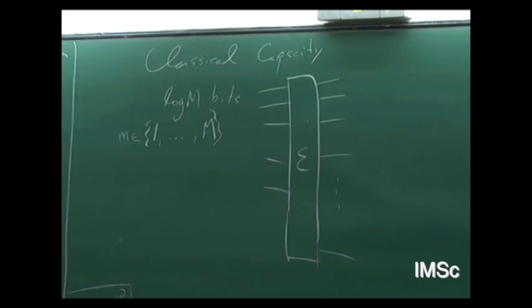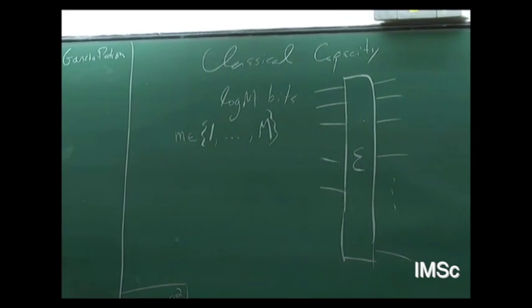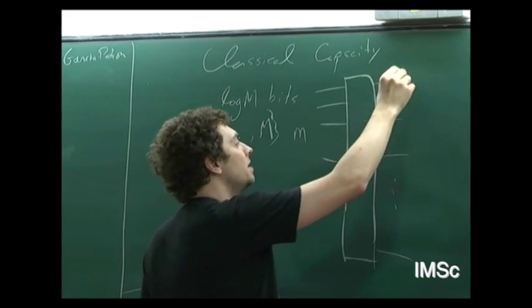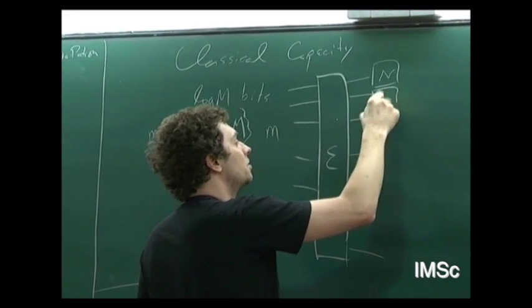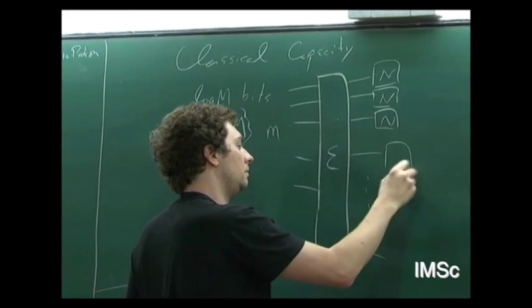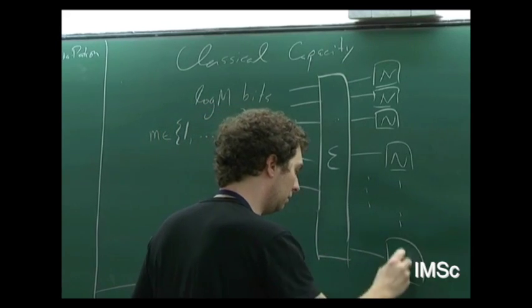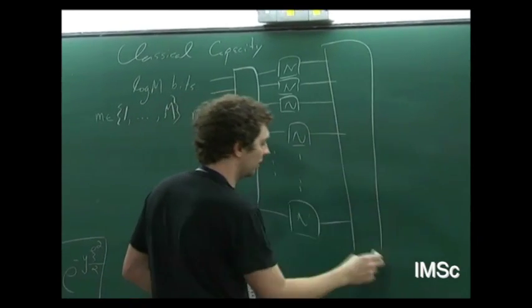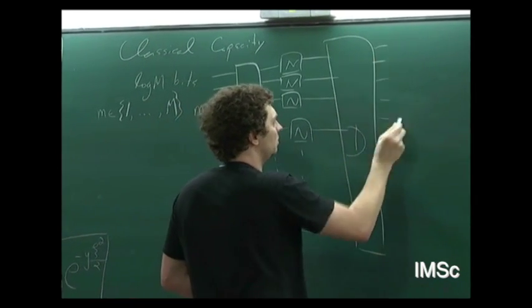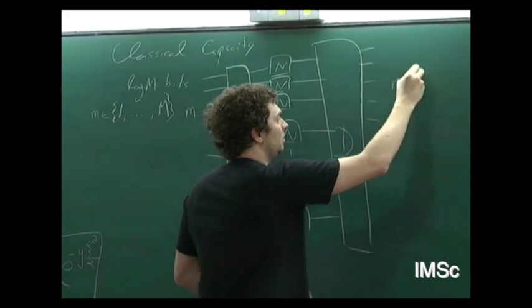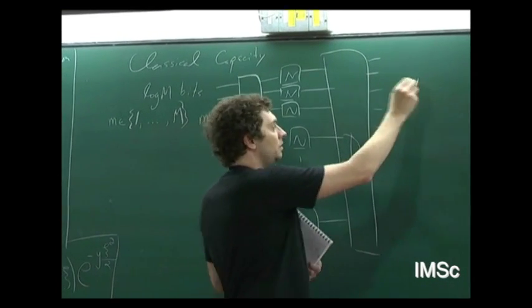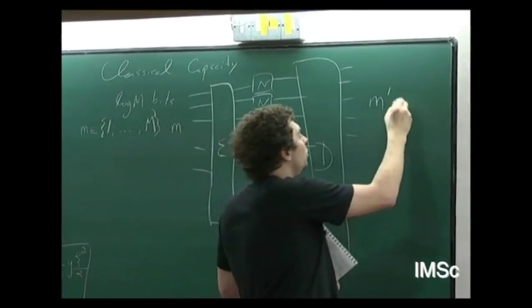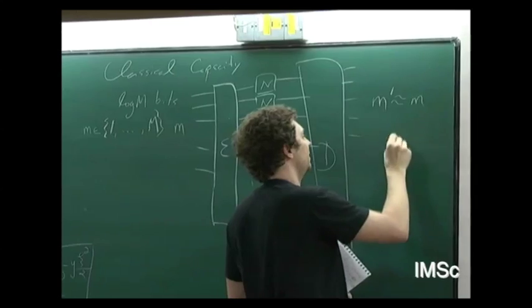So it's going to be one of these in general. It's going to be one of these today. So you take some classical variable m, you map it into some quantum state that depends on m. You feed those through the noisy channel. And at the output of the channel, your receiver is going to do some decoding operation that they use to guess some message, or guess your intended message. And it's a good code if their guess is equal to the intended message with high probability.